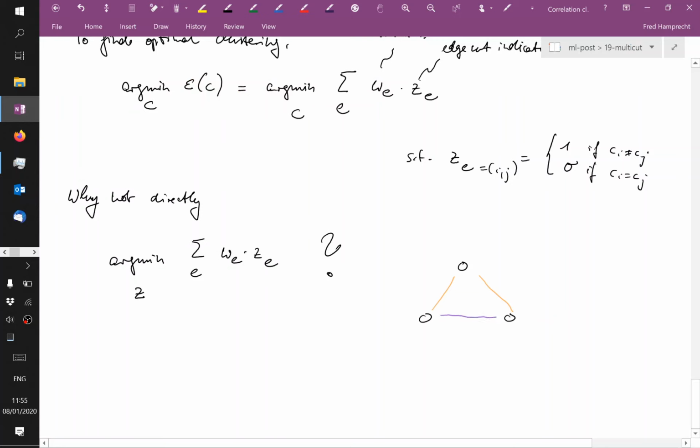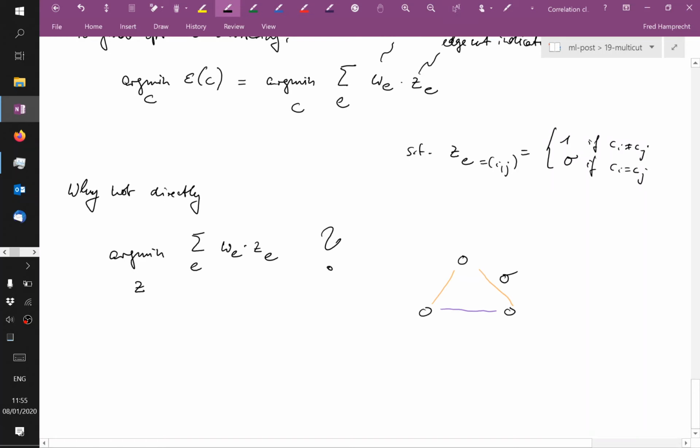So if I have these 3 nodes here with 2 attractive interactions and 1 repulsive, well, if I'm just making each of the decisions edge by edge, then I would say here, don't cut because it's attractive, don't cut because it's attractive, cut because it is repulsive.